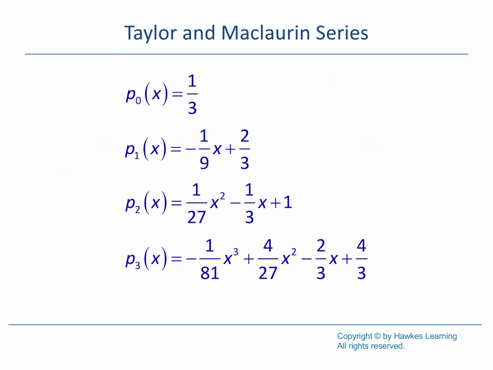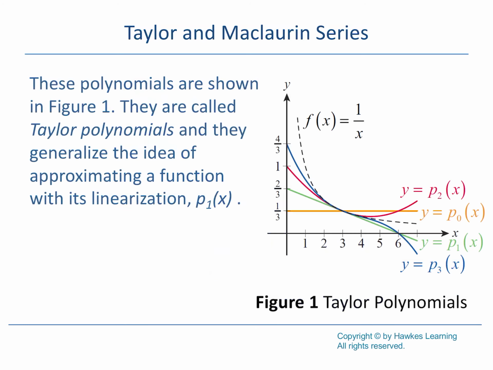So here are 4 examples of various order Taylor polynomials. And on the next slide, we'll see what those Taylor polynomials look like. These are the best first order, second order, third order approximations of our function 1 over x.